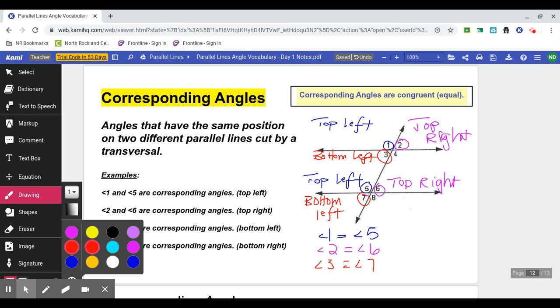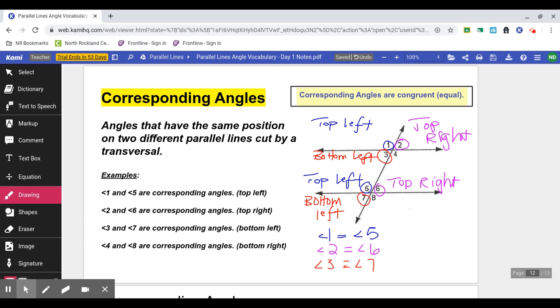Okay, and last but not least, we have this angle 4, which is on the bottom right. So now we want to look at the bottom right of our second line.